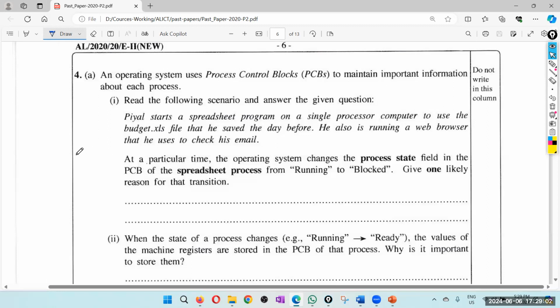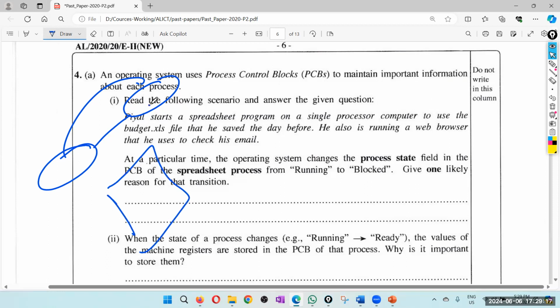So a time slot is given, and the process is taken from the wait queue into running. Then the OS has to stop it because we need to give a time slot to another process. Therefore you need to write down all the current state of this process, because after some time it has to be resumed. So in order to resume, the operating system must know the current state.